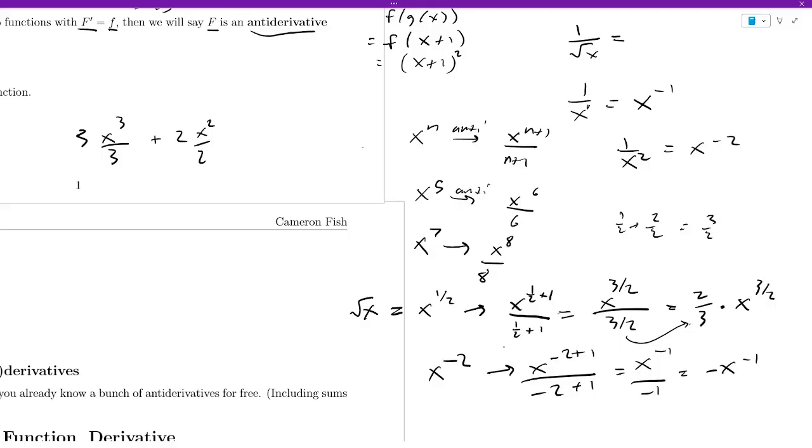Well, first let's change it into 1 over x to the 1/2, because square root just means to the 1/2. But now it's x to the something in the bottom, right? Like here, x to the 2 was in the bottom, and that just becomes that same exponent, but with a minus sign in the top. So this is x to the -1/2.